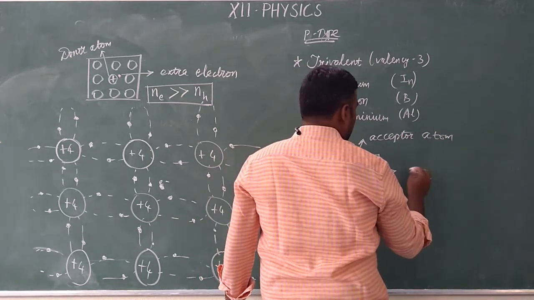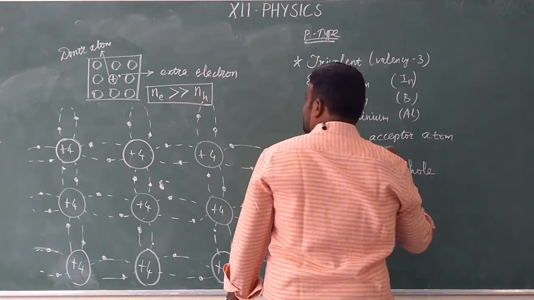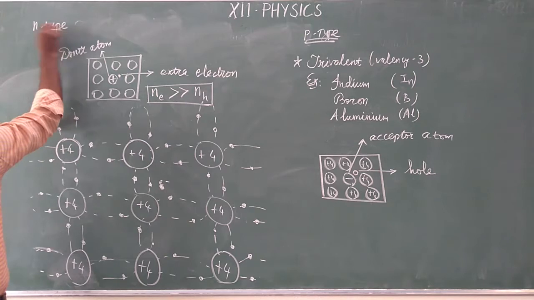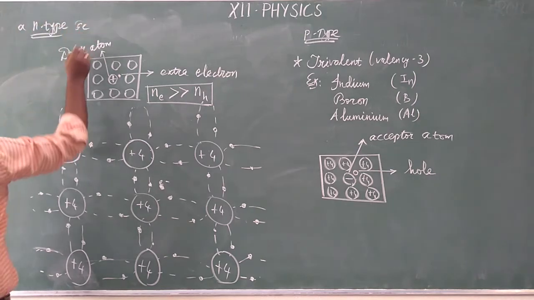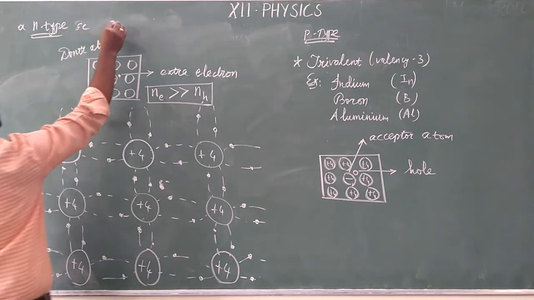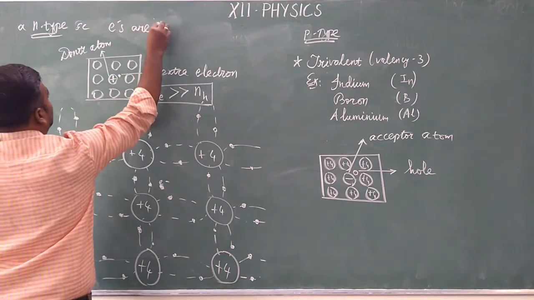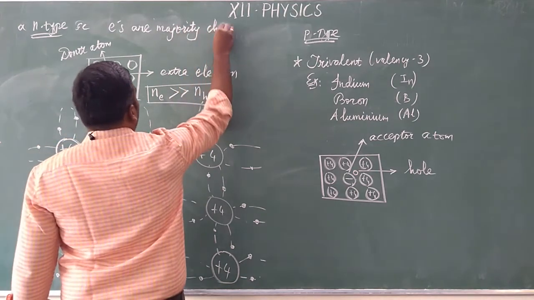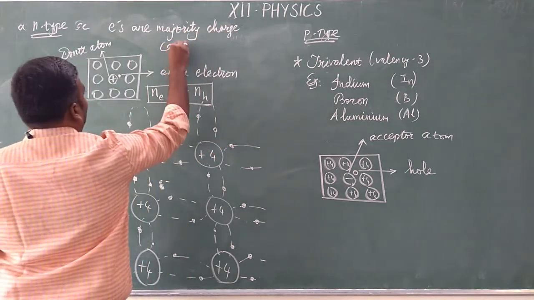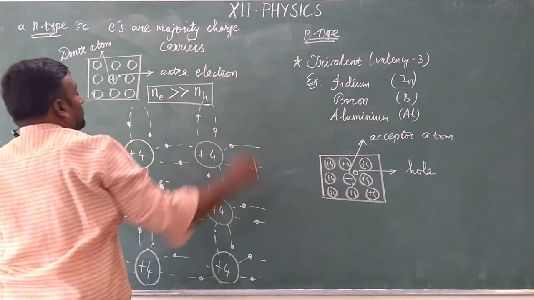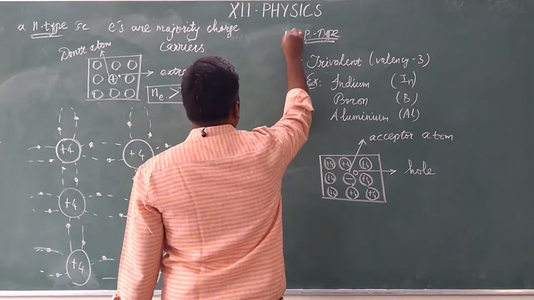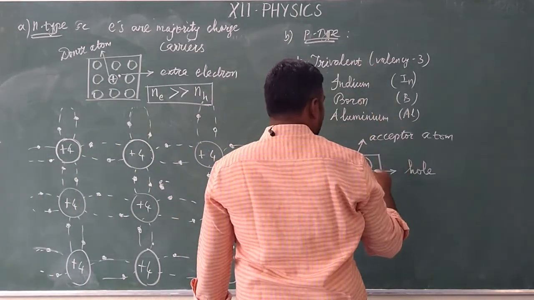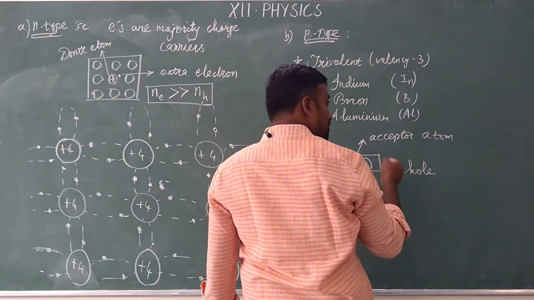So in N-type semiconductors, electrons are majority charge carriers. But in P-type semiconductors, holes are, because it requires 1 more electron to occupy.